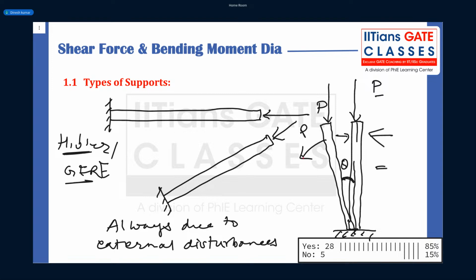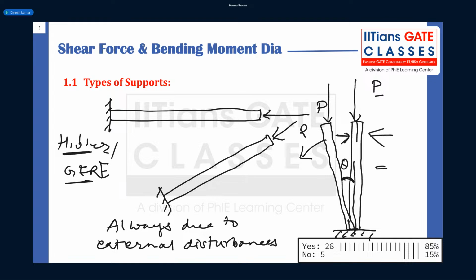It may further deflect, right? These two positions are possible, right? Yes or no? Clear or not? Right? So when it will come back, when it will come back.